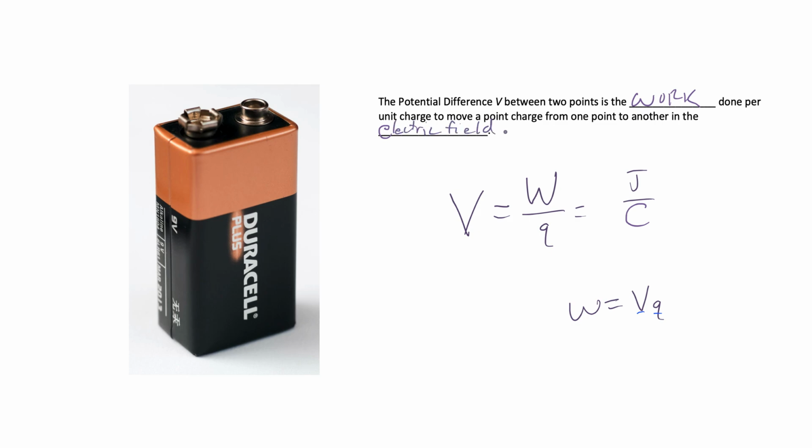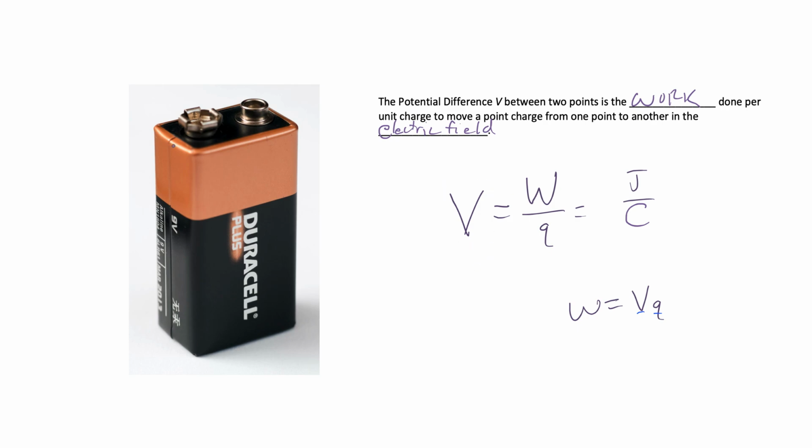So if we're moving our electron or our proton from one point to another inside an electric field, how much work did that take? Or how much energy did that electron gain? That is what our potential difference is.